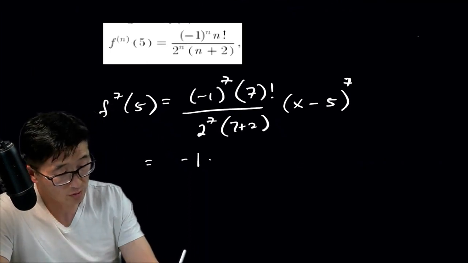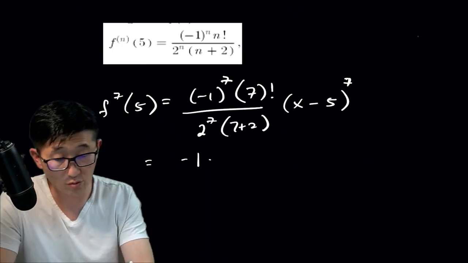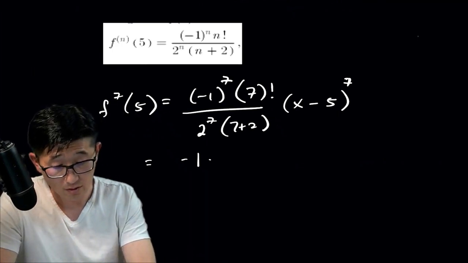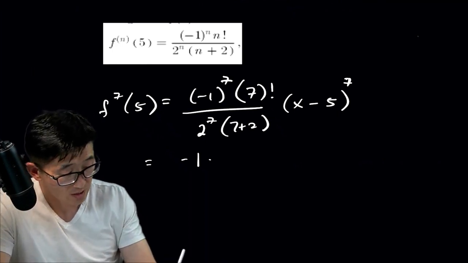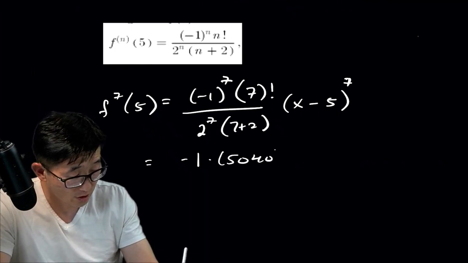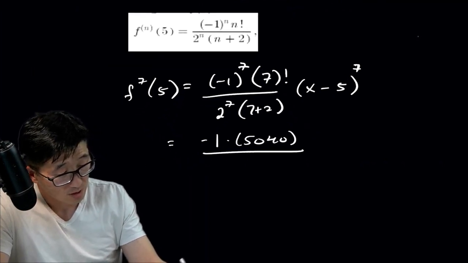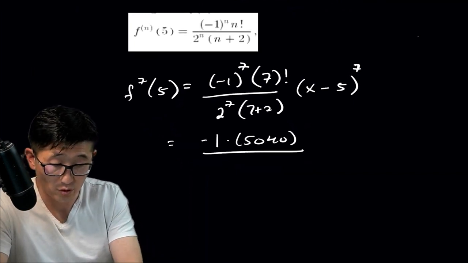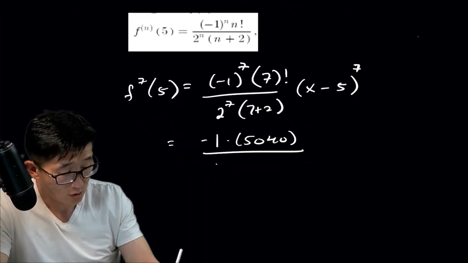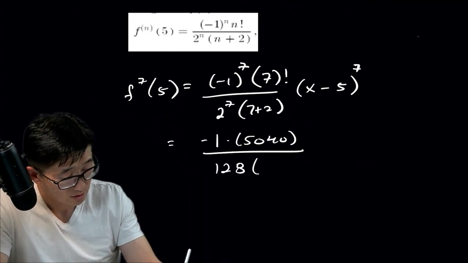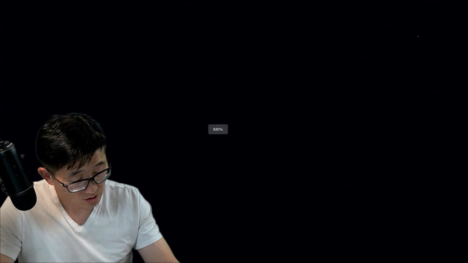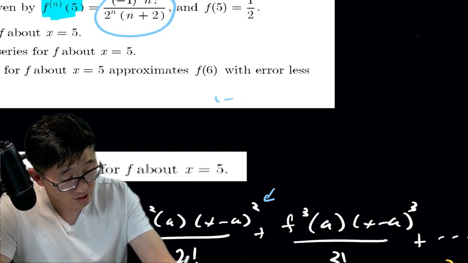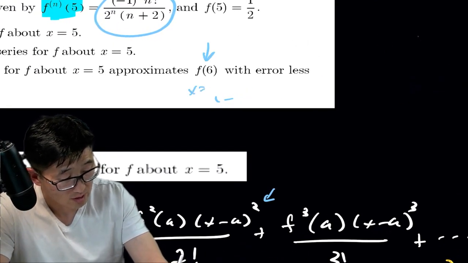So 7 factorial would be 5040, over 2 to the 7th, which is 128, times 9. And x is basically, as I told you, x equals 6.